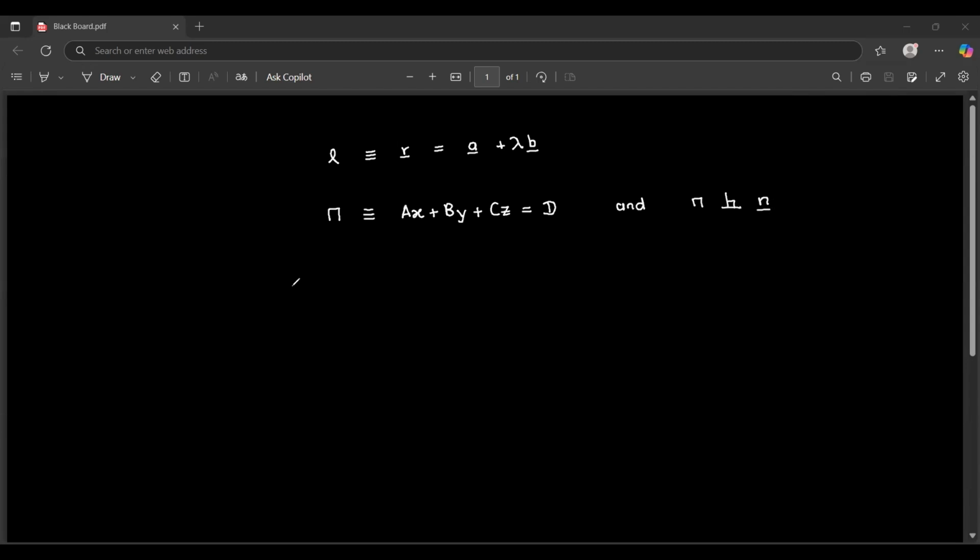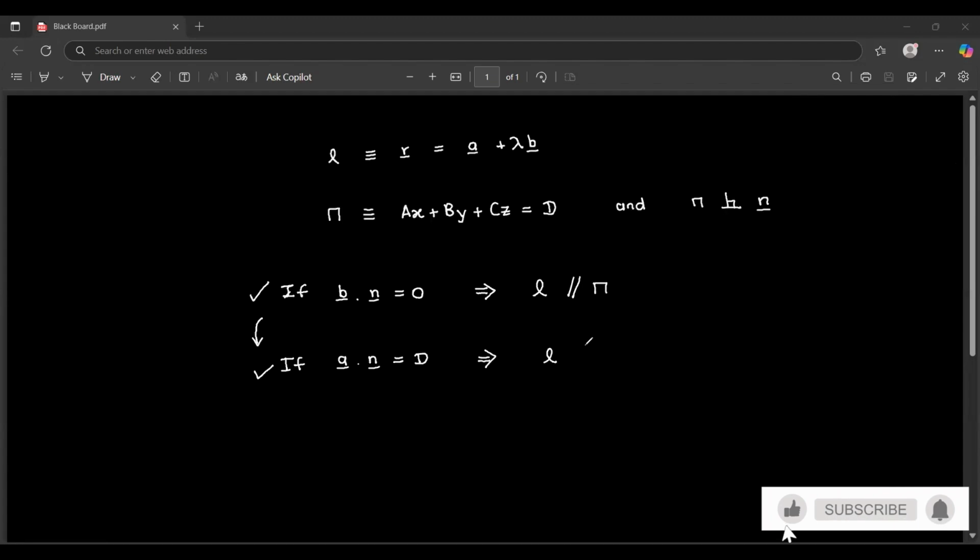If b · n = 0, that implies L is parallel to the given plane phi. This is the first condition. At the same time, if a · n = d, and first of all this condition should be met, then L lies on phi.